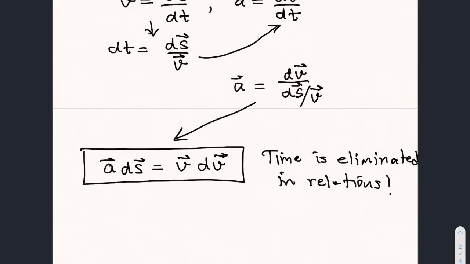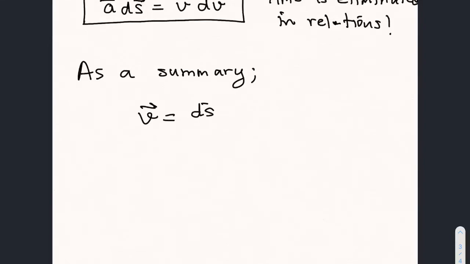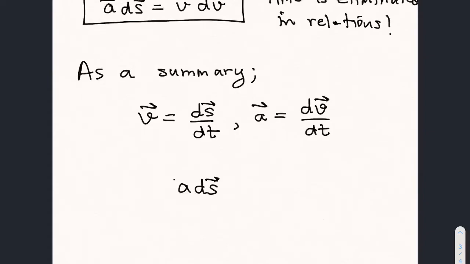So we have these three very useful relationships. As a summary, we can say v equals ds over dt, a equals dv over dt. If we don't want to deal with time, as an alternative, we can write a ds equals v dv.